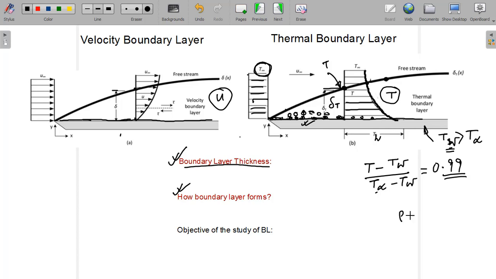Thermal storage is directly related to the quantity rho into Cp. On the other hand, diffusion is related to the conduction coefficient of that fluid, that is k. Remember this k is the thermal conductivity of the fluid that is responsible for propagating the thermal disturbance from one layer to another layer.